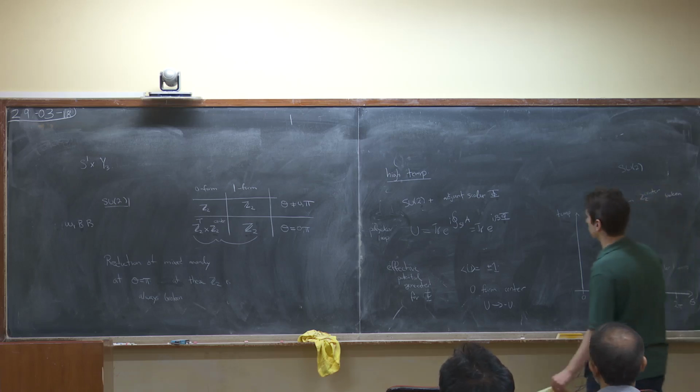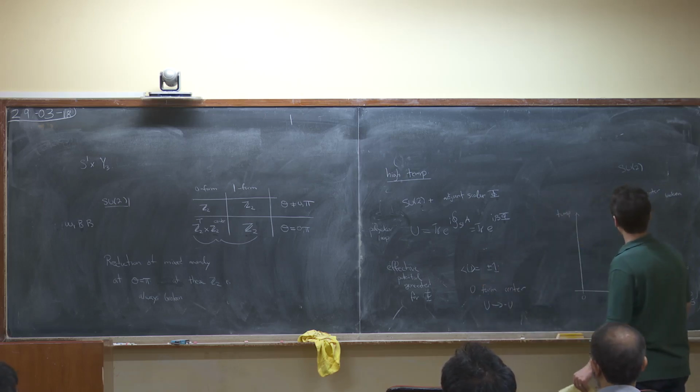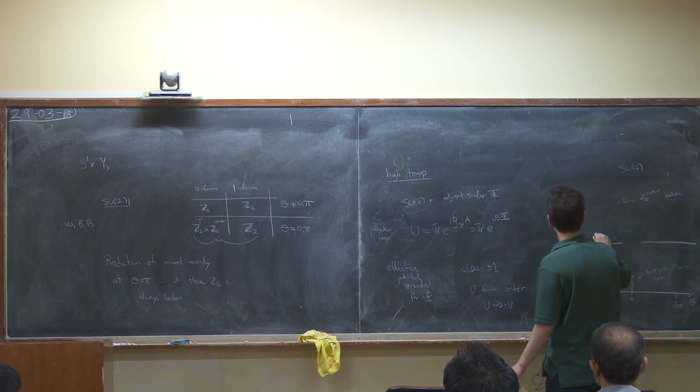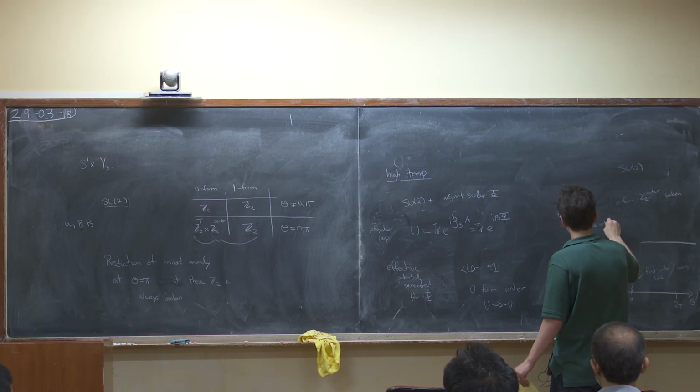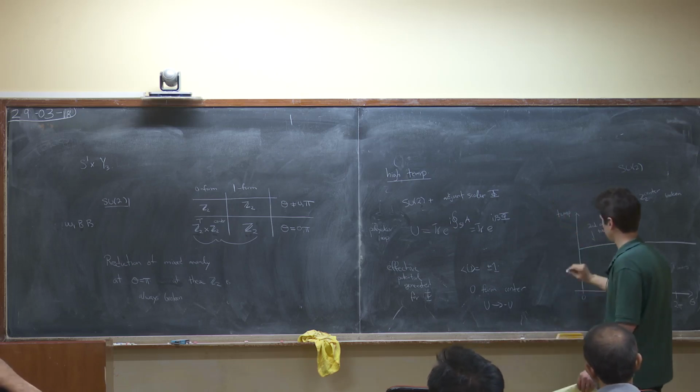Now, in SU(2), as we lower the temperature, these two minima will come together, and eventually this symmetry will be restored. It's actually believed that this is a second order transition, which is therefore in the Ising universality class.